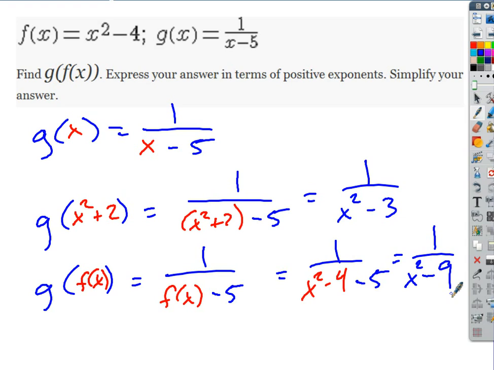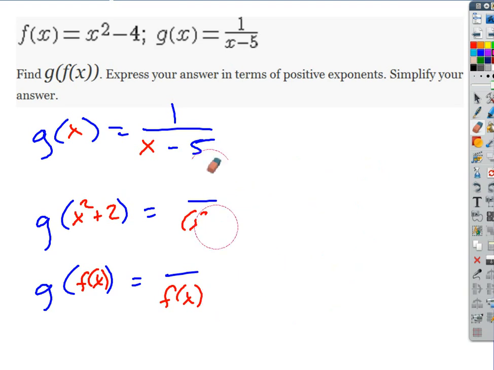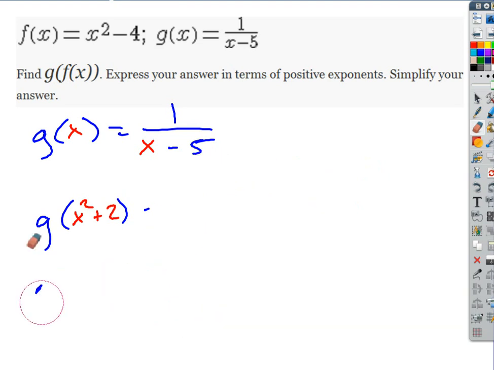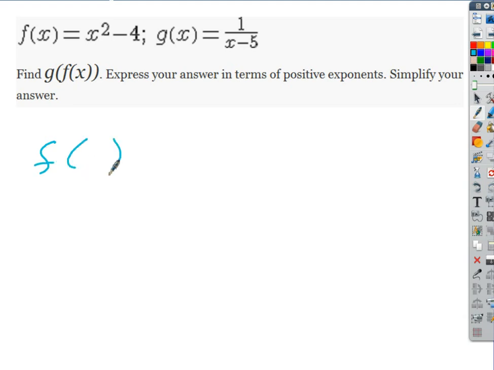Okay? So what if I flip that around then, and let's say we want to do instead, if this is f of x and g of x, what's f of g of x equal to?